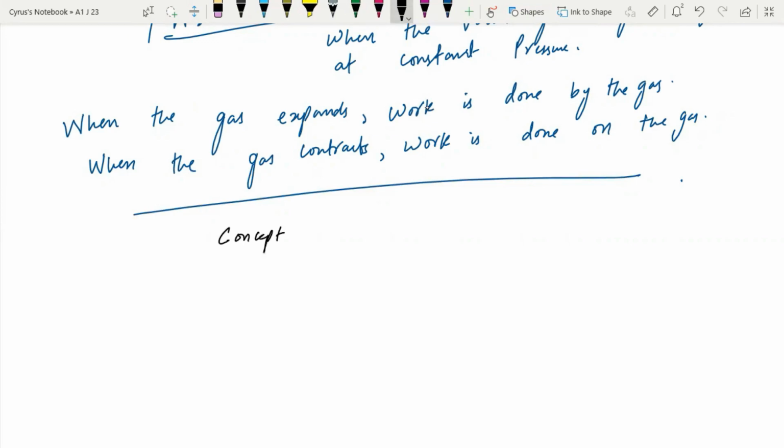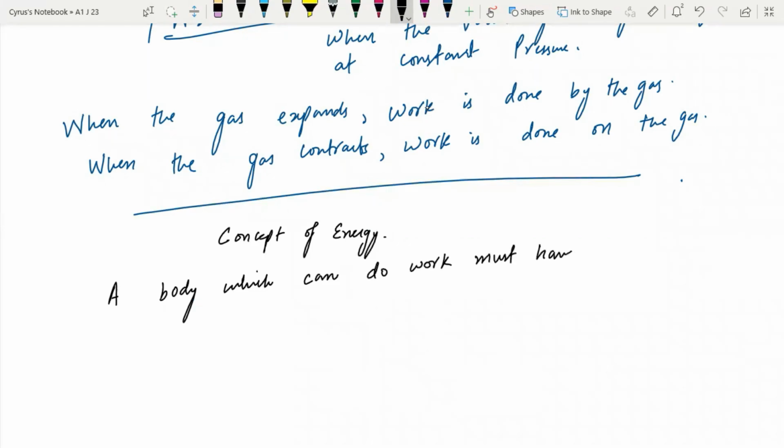Concept of energy. ठीक है, you should know that a body which can do work must have energy.